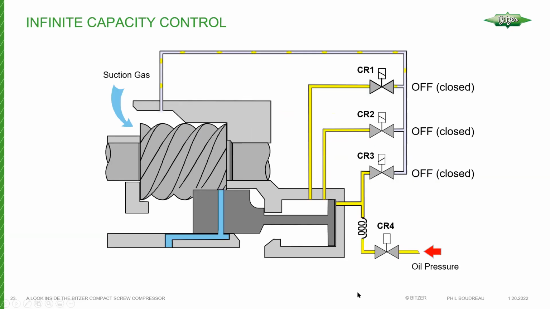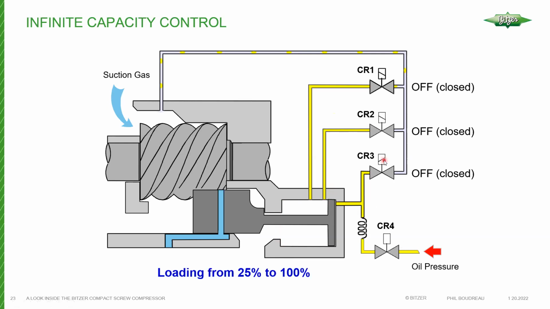Infinite capacity control, on the other hand, we really only need to use 2 solenoids. There are different ways you can do this, but I'll give you one example here, where we're going to use CR3, which is your minimum capacity solenoid. You can see its connection to the control piston is way at the end here, and CR4.